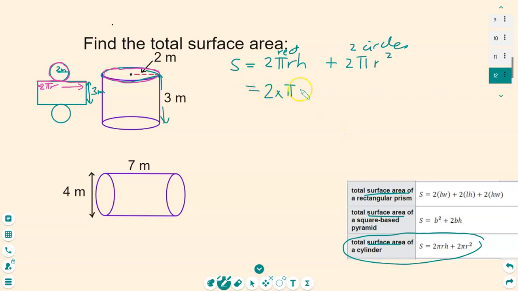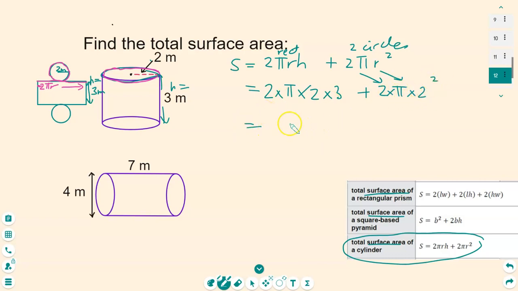2 times pi times the radius of the circle times the height of that rectangle. So let's actually just put h equals 3. And then plus our 2 circles, just substituting right in. 2 times pi times, again, the radius is 2 squared.